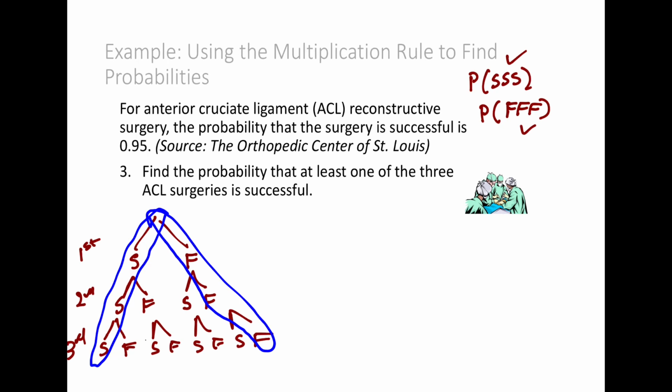When we say at least one, we're finding the probability, if X is the number of successes, that X is greater than or equal to 1. Now, looking through here, we want to put a check mark next to every possible path that would define at least one. So all 3 successes, 2 successes and a failure. The next one, yep.